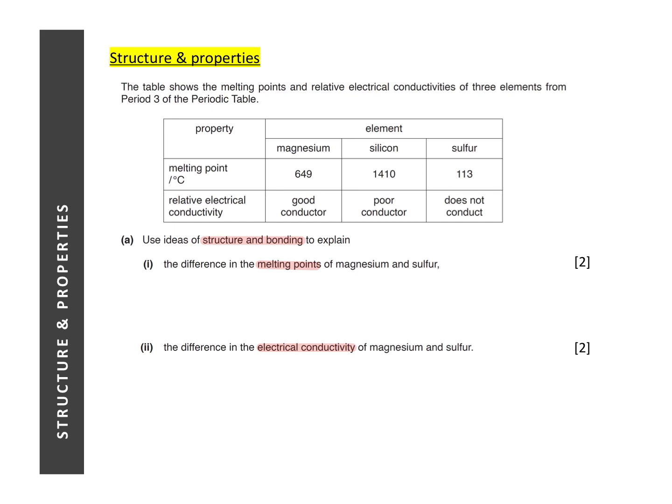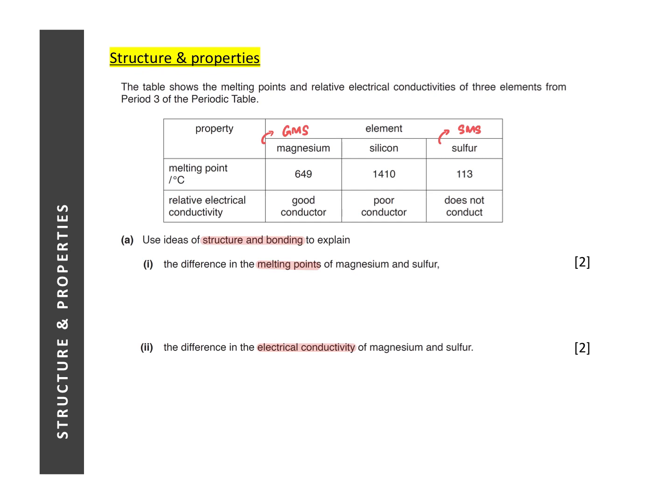Again, given the popularity of such questions in exams, let's go through one more example. Over here, we are looking at magnesium, silicon, and sulfur. Again, using ideas of structure and bonding, explain the difference in melting point and electrical conductivity between magnesium and sulfur. Okay, so firstly, structure of magnesium, giant metallic structure. Sulfur has a simple molecular structure or simple covalent structure.